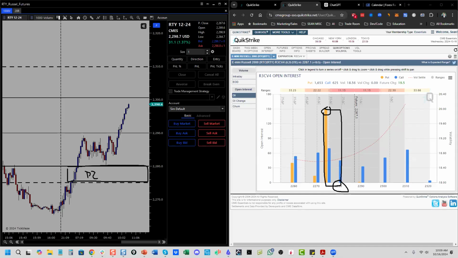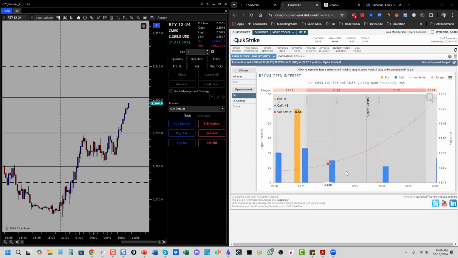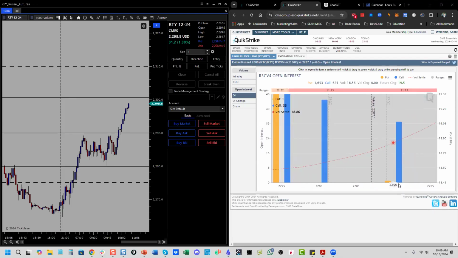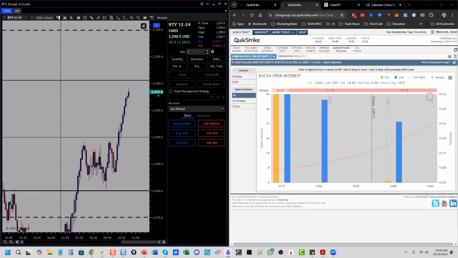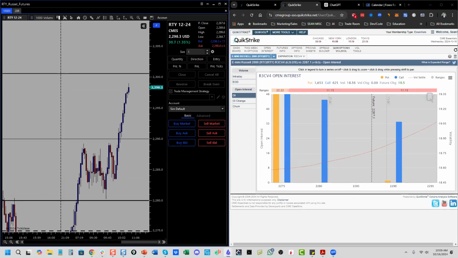So if I'm taking a look at this, 2280, 2290, the strike between 2290 is 2285. So take a look.